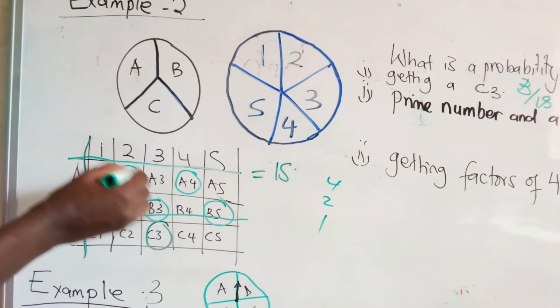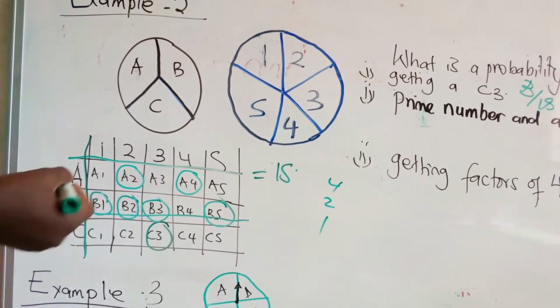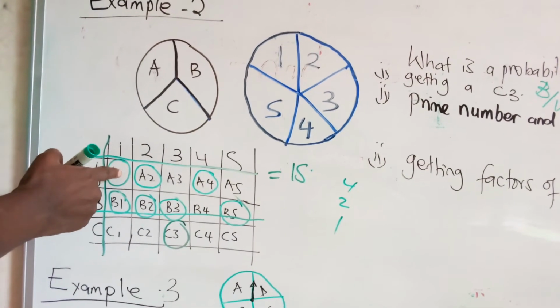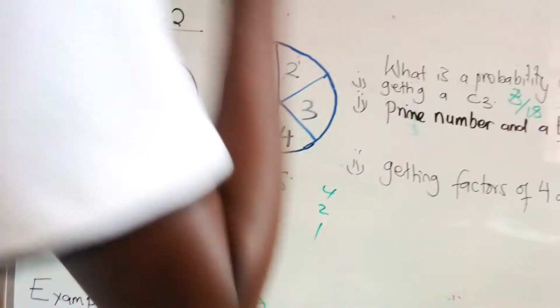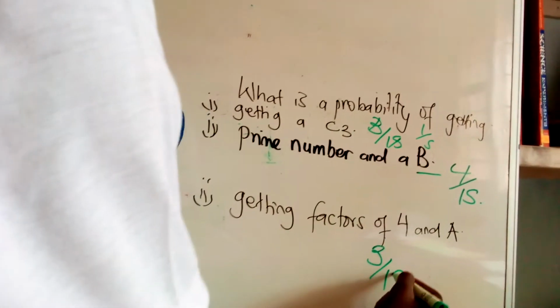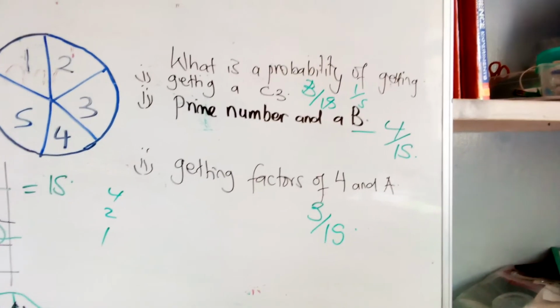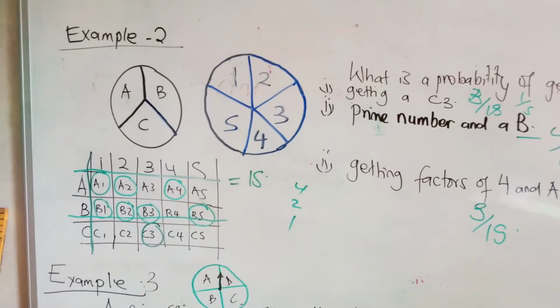Then we have A2 because 2 is a factor of 4. Then we have A1 because 1 is a factor of 4. Then we have these 3. 1, 2, 3. We are going to have 3 out of 15. And that is that. So the problem here is getting the sample space, and once you're done with that, everything is good to go.